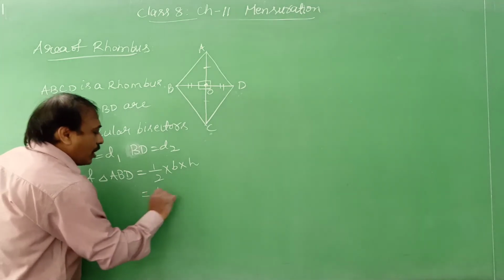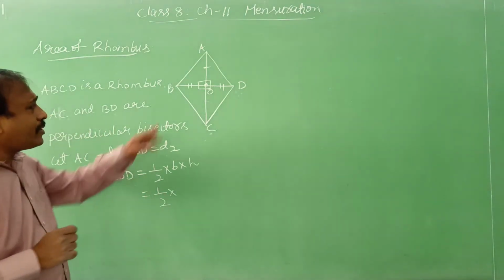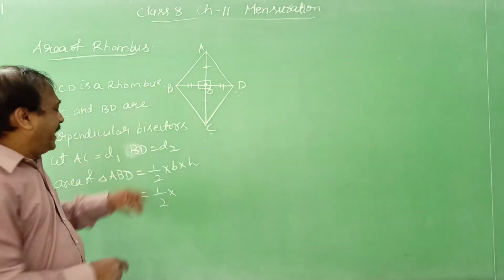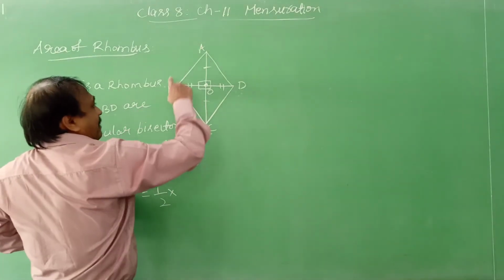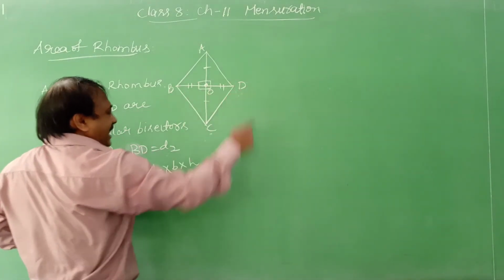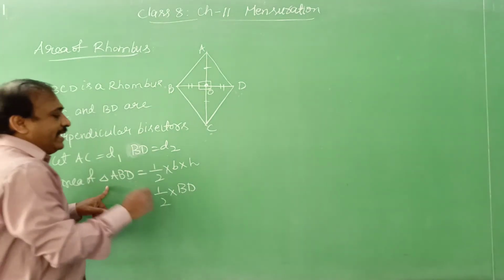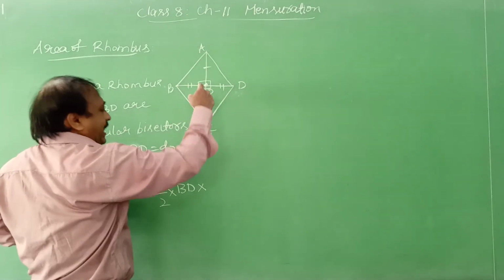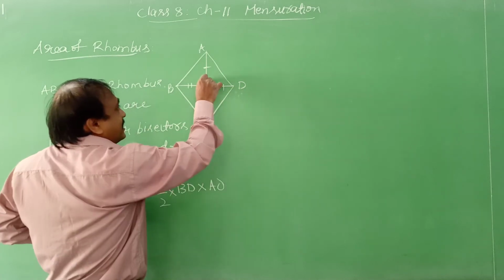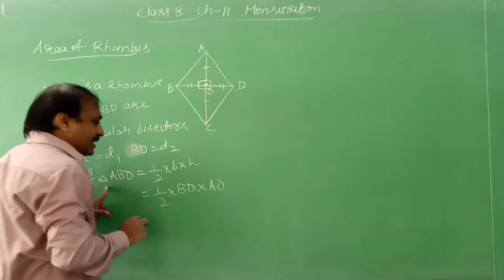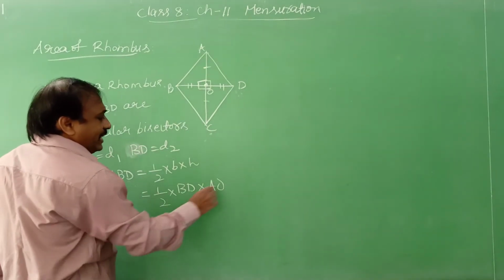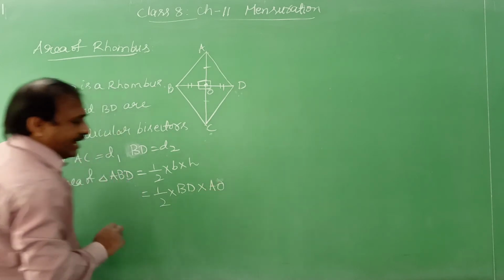The base I am taking as BD, into height AO, because this is perpendicular. AO is the height. Half into BD into AO.